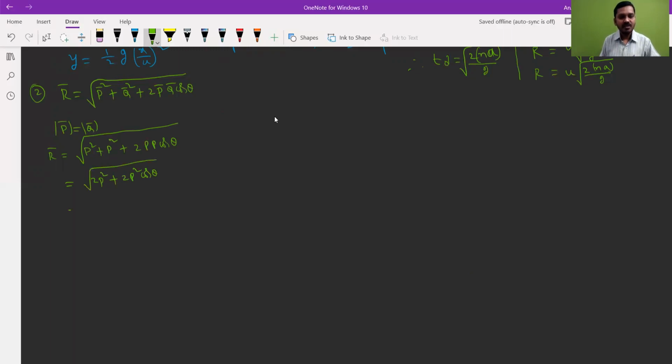We can take 2P square common, then it is the square root of 2P square into 1 plus cos theta.